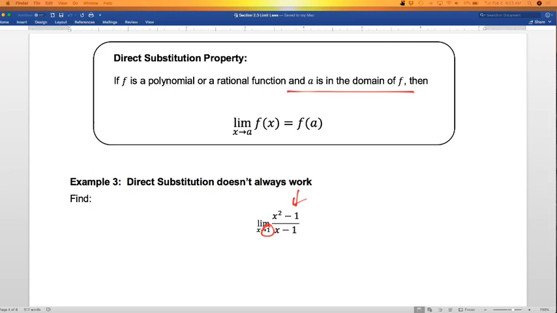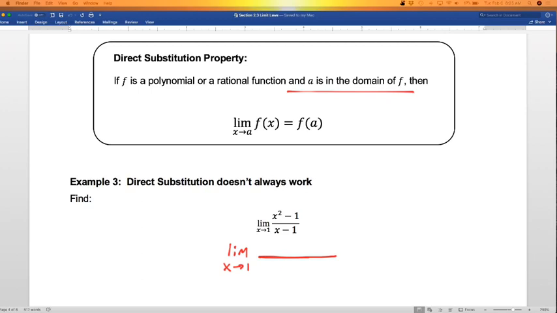Now, the good news is, we're not completely lost. There is a technique for evaluating this limit. We're going to use it, and then we're going to define it. So if you notice, the numerator is factorable. Okay, we discussed this when we were discussing rational functions in pre-calculus, that sometimes you can eliminate a factor in the top and the bottom.